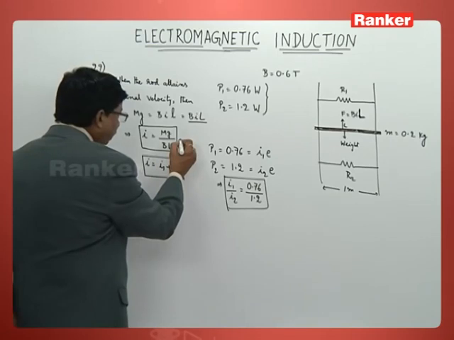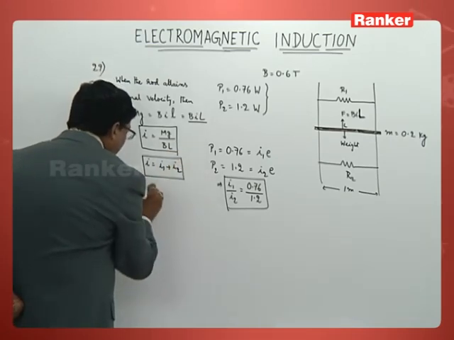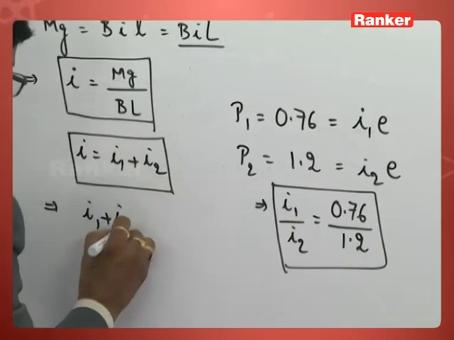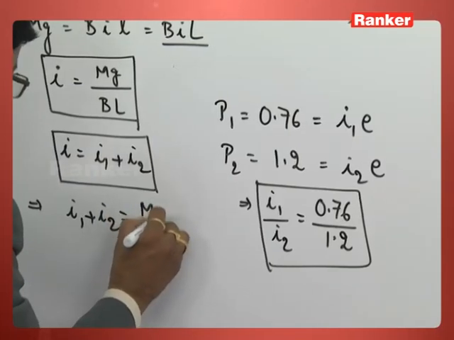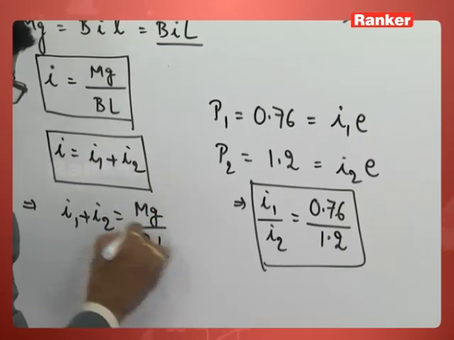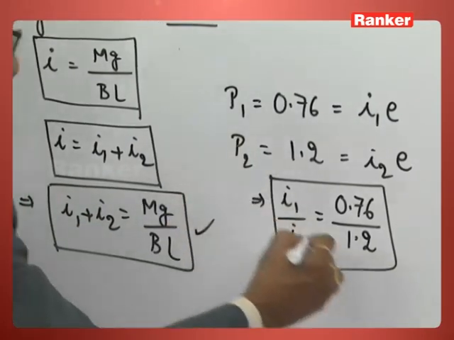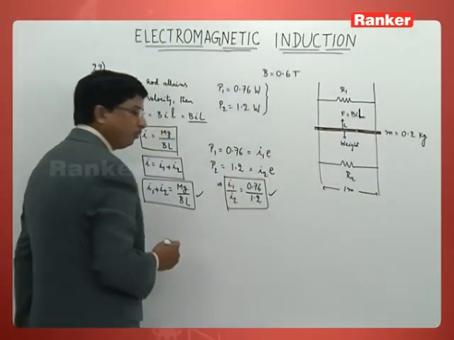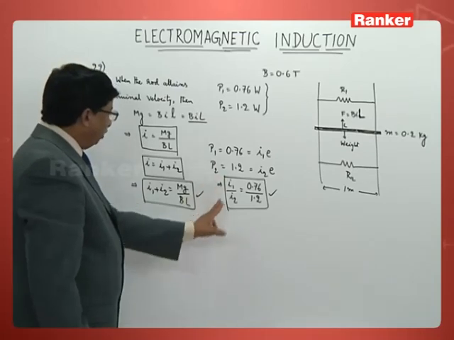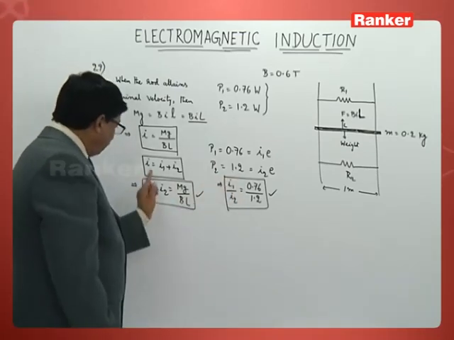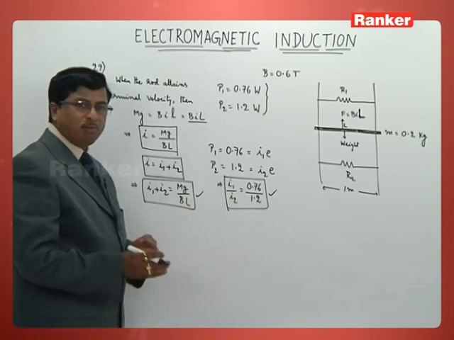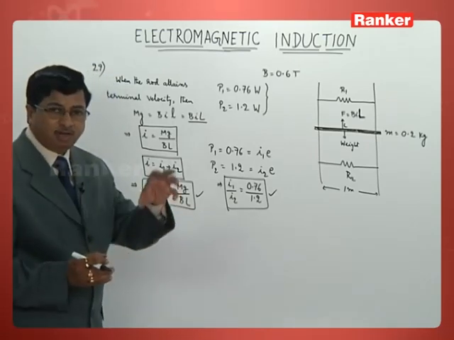And according to these two equations, we know that I1 plus I2 is equal to mg by BL. So look at this equation, look at this equation. I1 by I2 we know, I1 plus I2 we know. Can't you estimate what are the values of I1 and I2 there?